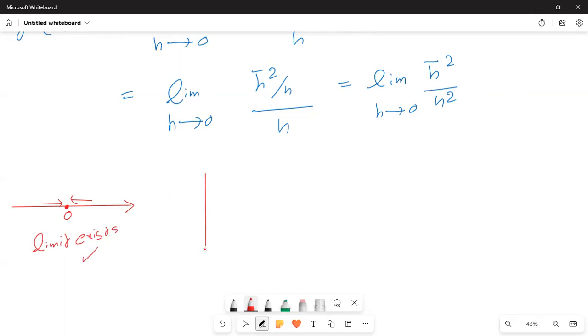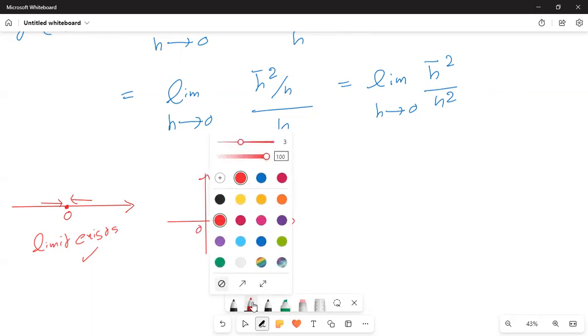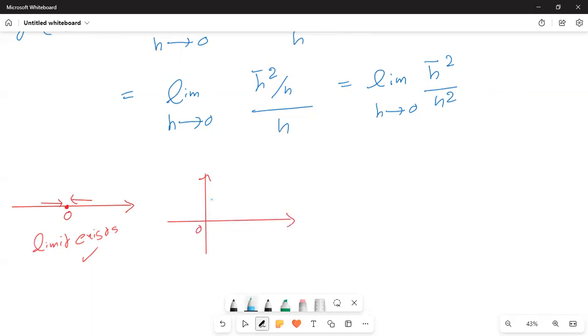But in the complex plane, there are so many ways to approach 0. You can come along the real axis, as in the real case, and also you can come along the imaginary axis from both sides.